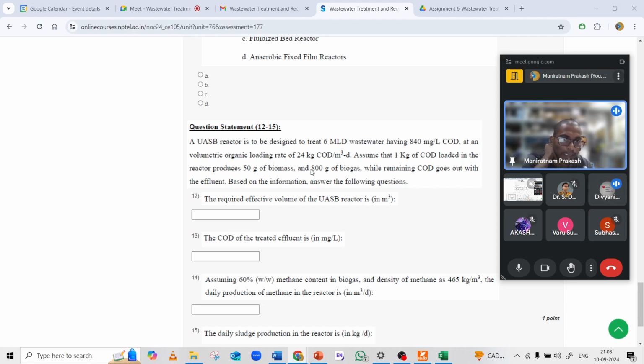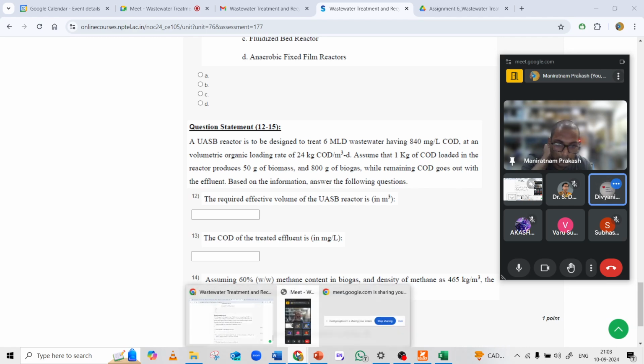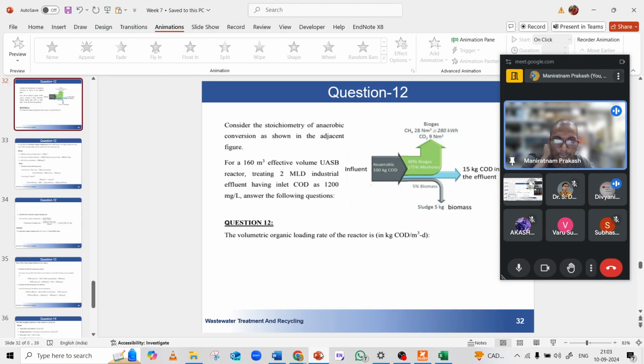Same question is there. It's just in kg and that is in percentage. Here the efficiency is also 85% only. Both are the same question.